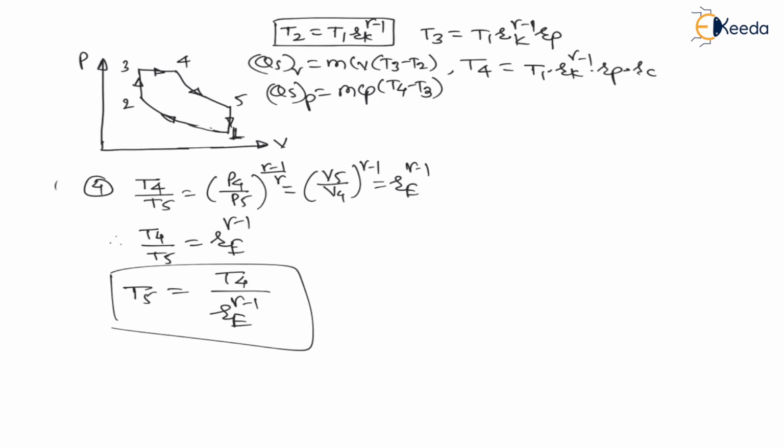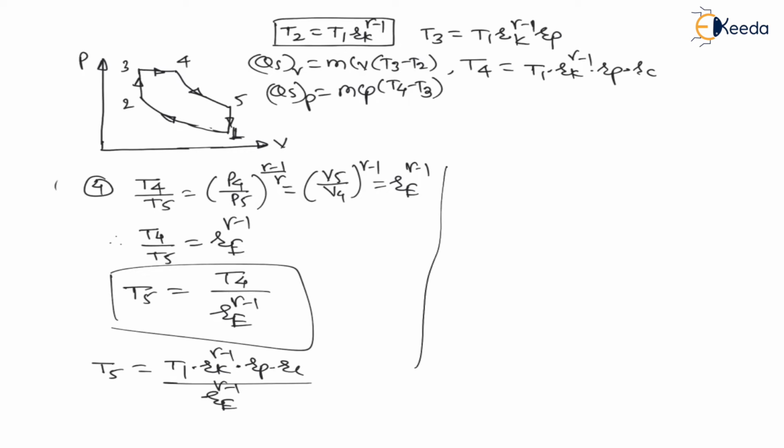And my dear students, use the T4 value here. T4 is T1 Rk raised to gamma minus 1 into Rp into Rc. So the equation becomes T5 is equal to T1 into Rk raised to gamma minus 1 into Rp into Rc divided by Re raised to gamma minus 1.